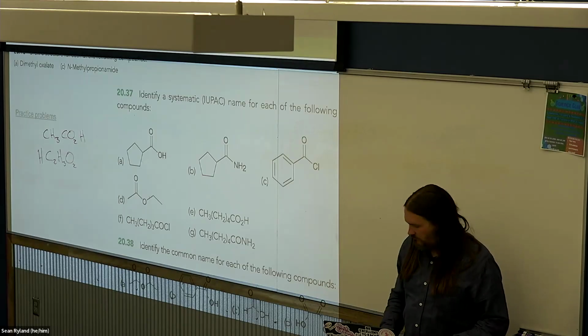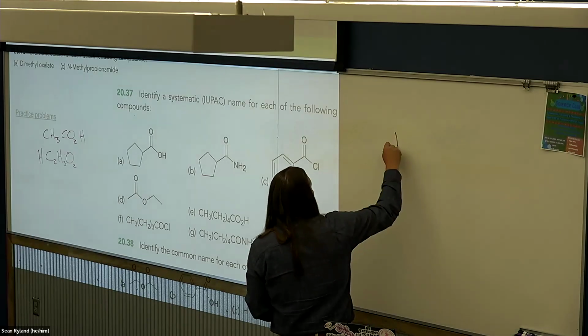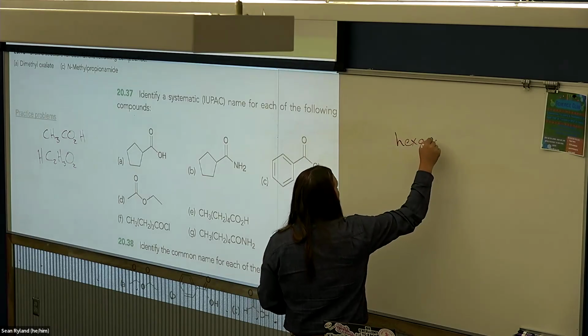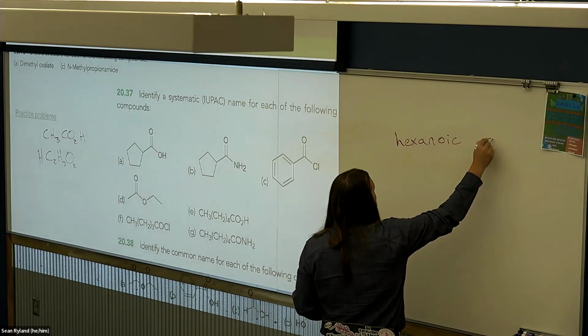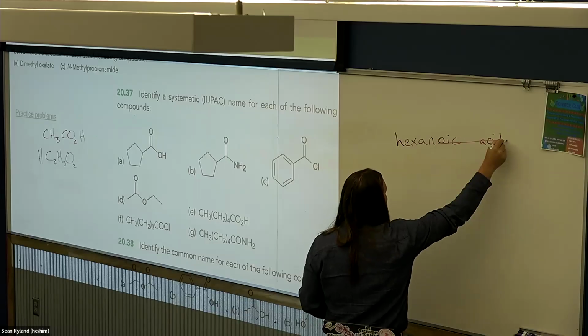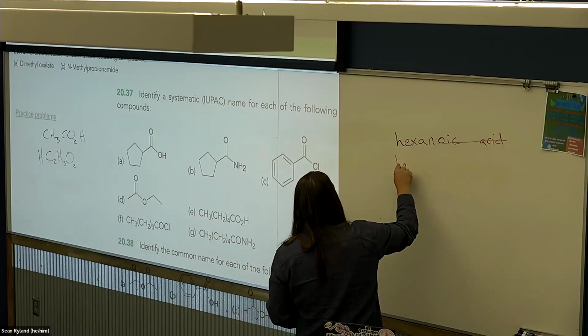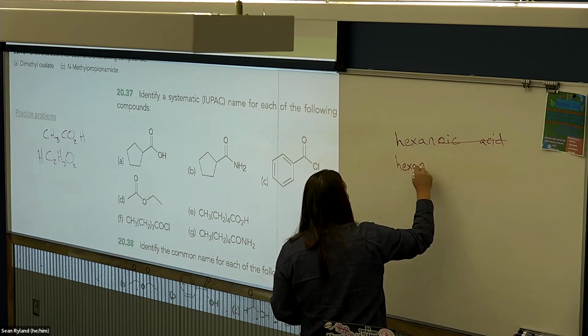So it'd be hexanoic acid. You drop oic acid and just get hexanamide.